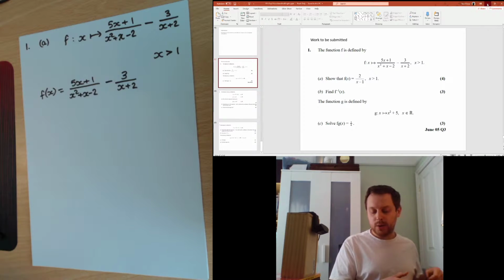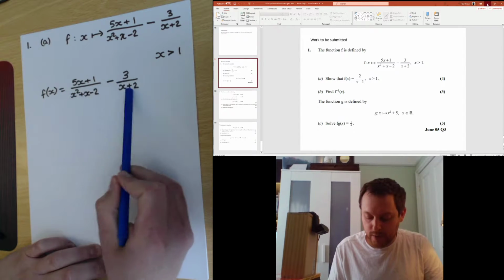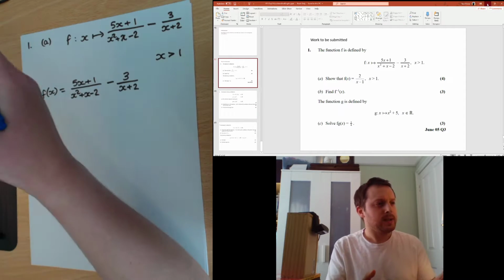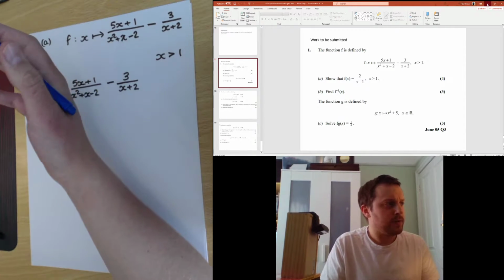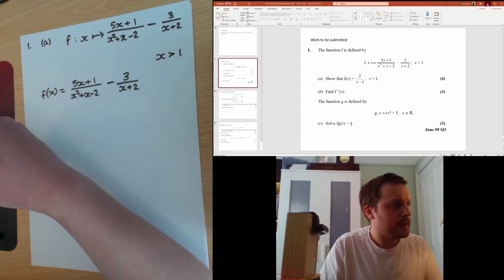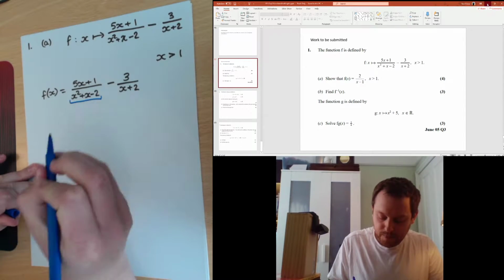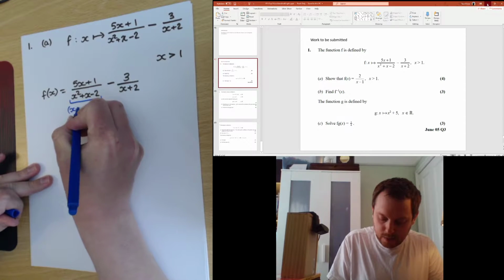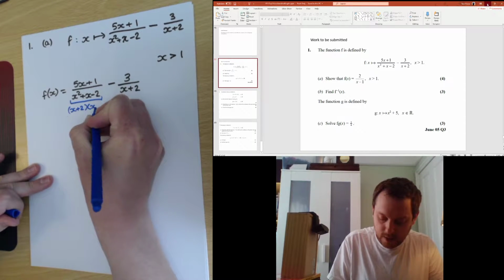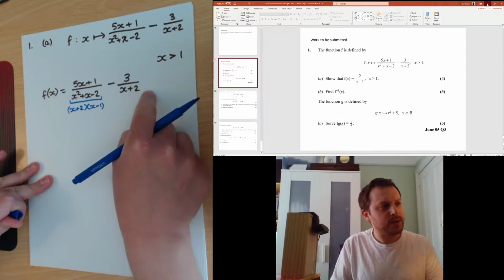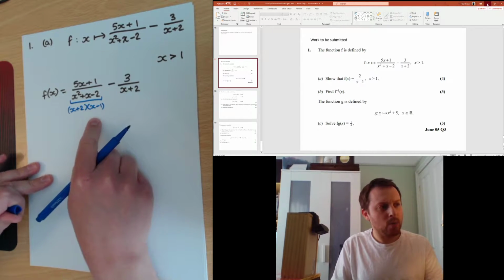So what we're going to do is, we've got two fractions being subtracted, and in any situation that's a subtraction of two fractions, we want to find a common denominator. So I'm going to factorize this. This is x plus 2, x take 1, and so what that tells me is I need to times top and bottom of this fraction by x take away 1.